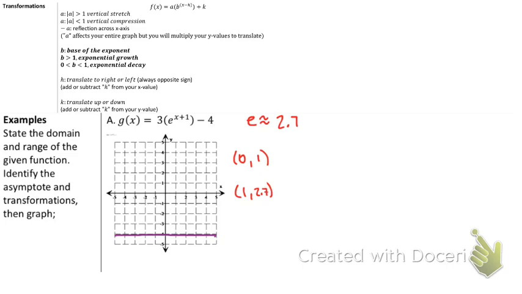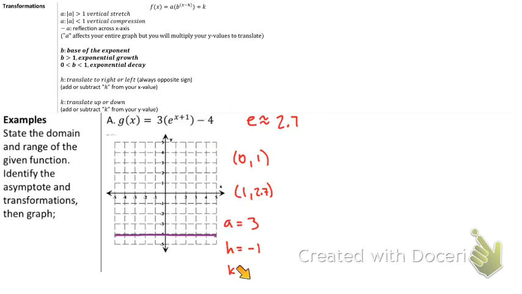And we do the same process as we've done before. Okay, so our a value, if you look up here, is going to be 3, which is a vertical stretch. Our h value, we flip the sign. So in the equation as positive 1, it's going to be negative 1 here. So we go left 1 time, and then our k value is equal to negative 4.